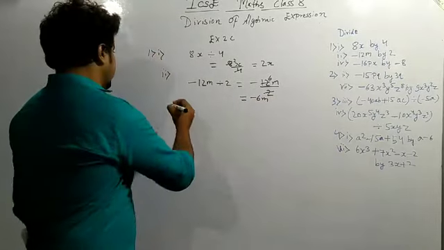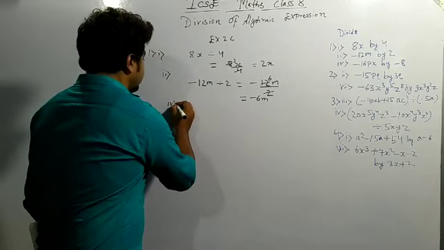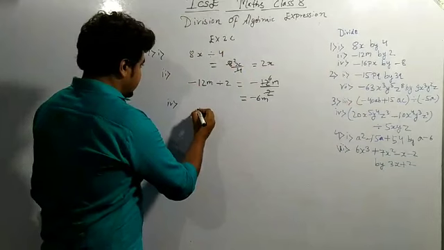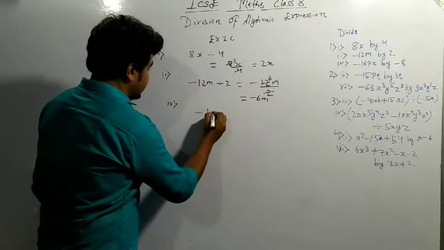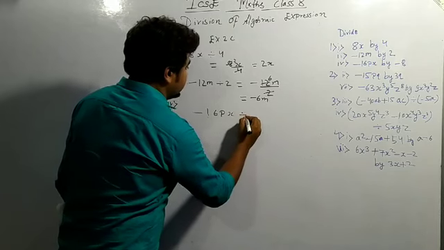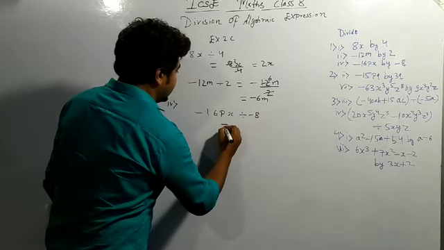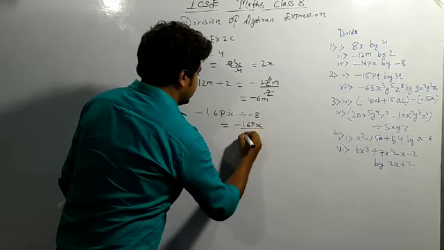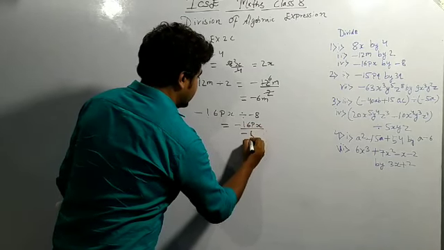Now 1 bit 4. It is given minus 16px divided by minus 8. So we have minus 16px divided by minus 8.